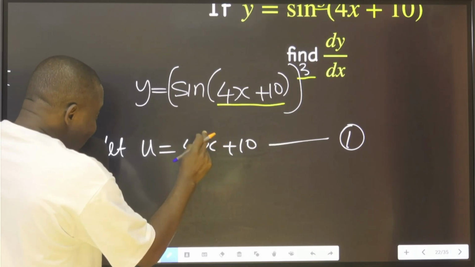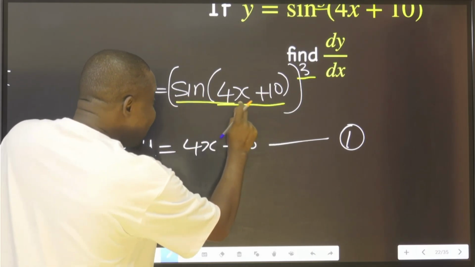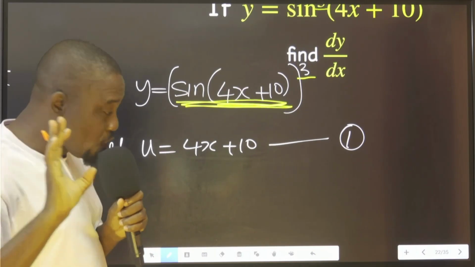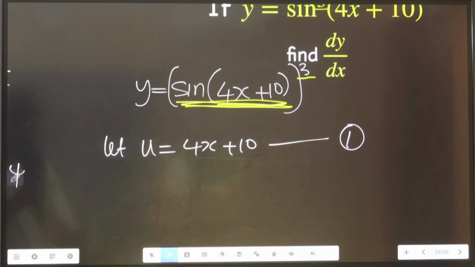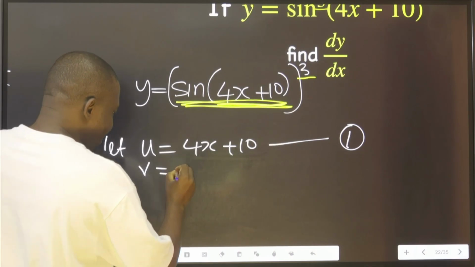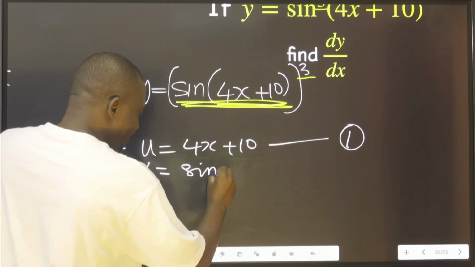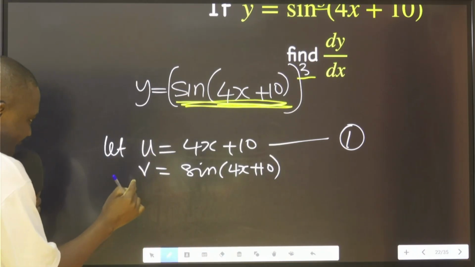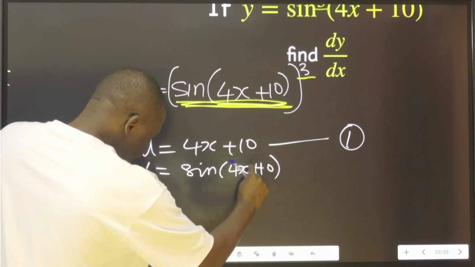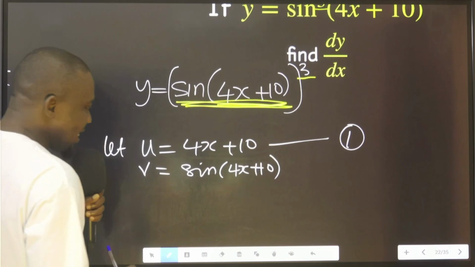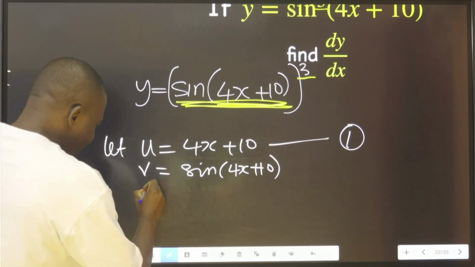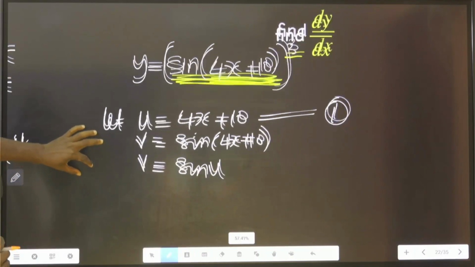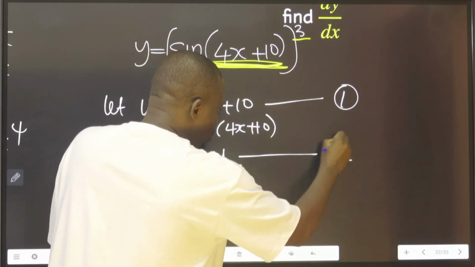Aside from this, everything here is also not a good one, so we are going to replace everything there by v. Say sine(4x + 10). But remember that this one is u. So we can say v is equal to sine u. We can call this equation 2.